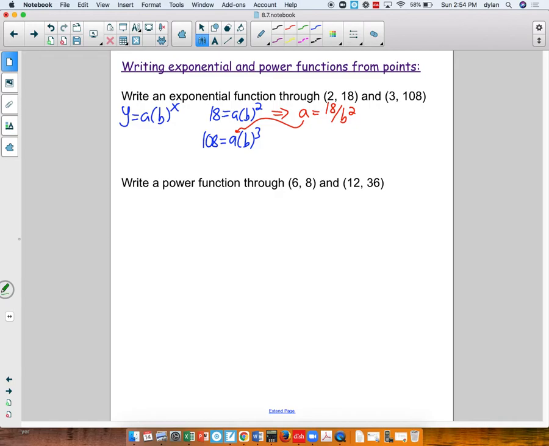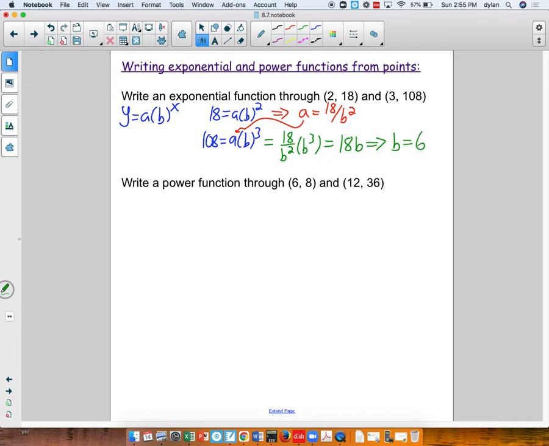That gives us 108 equals 18 over b squared times b cubed. In other words, that's the same thing as 108 equals 18b, because b cubed over b squared is just b. If we divide both sides by 18, that results in b equals 6.